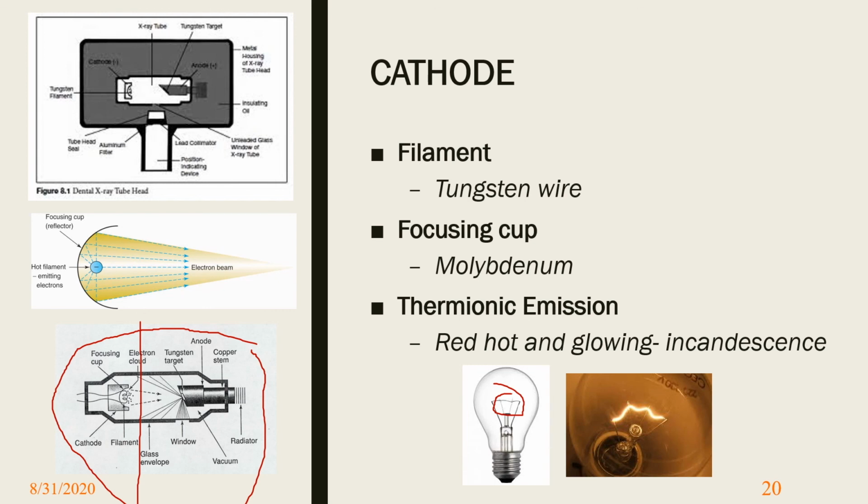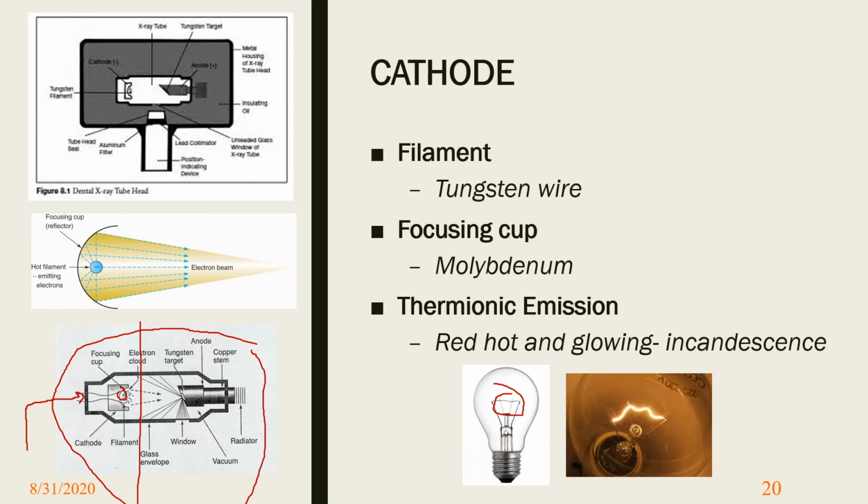The hotter the filament becomes, the more electrons are produced at the cathode. So the milliamperage control determines the amount of electrons that will be produced.